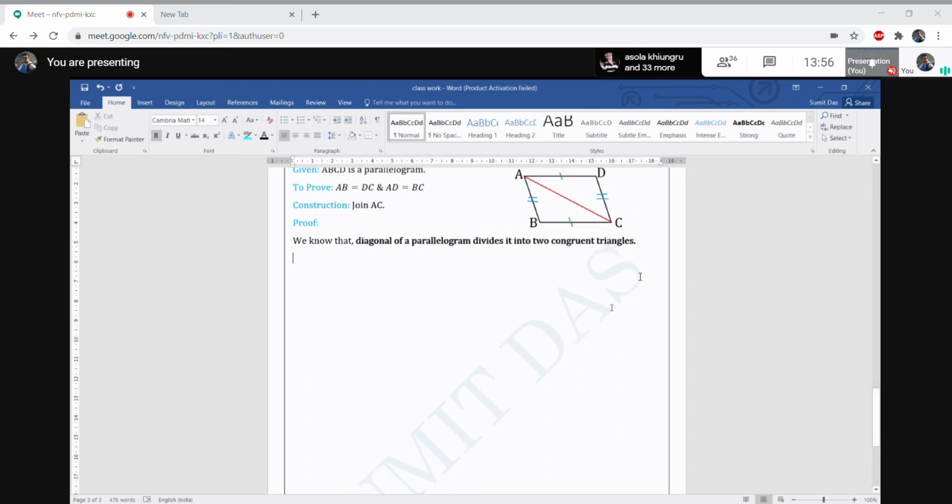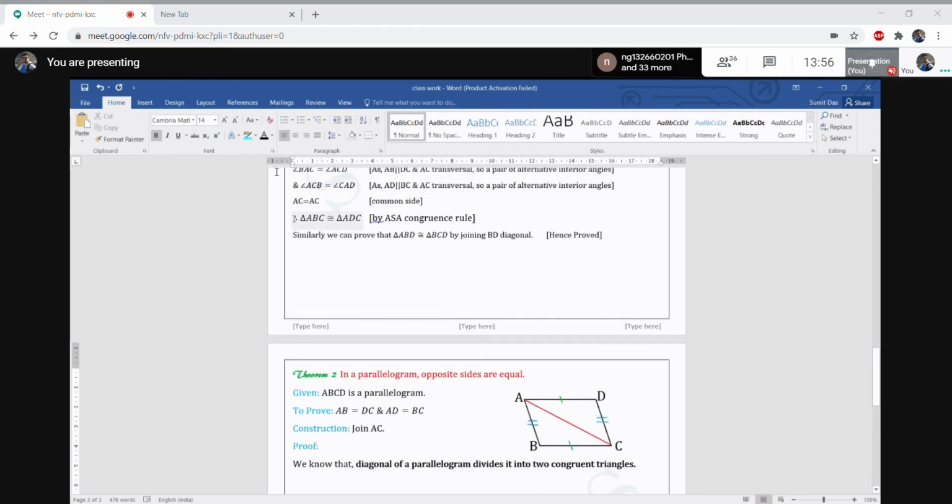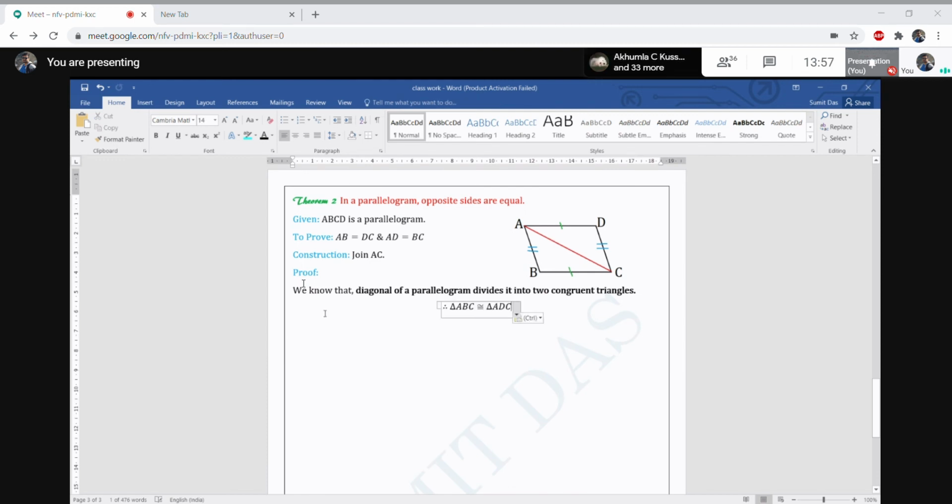Therefore, triangle ABC is congruent to ADC. That means ABC and ADC are congruent triangles. We just proved this.